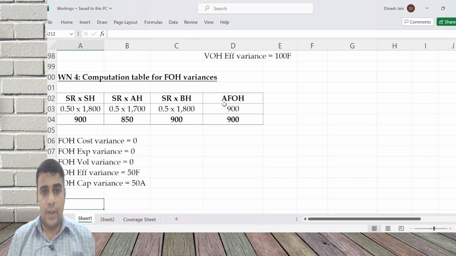I hope you're done with this. My focus would be on explaining reconciliation in this question. Computation table is something you should do. Variance is something I'm telling you to copy, because otherwise you will spend time in doing variance calculation, which I don't want to. I don't want to spend time on variance calculation.